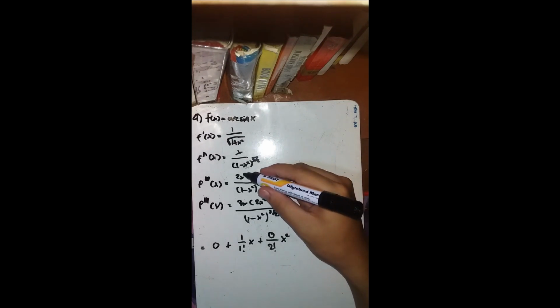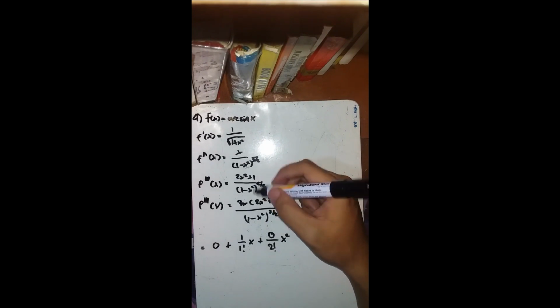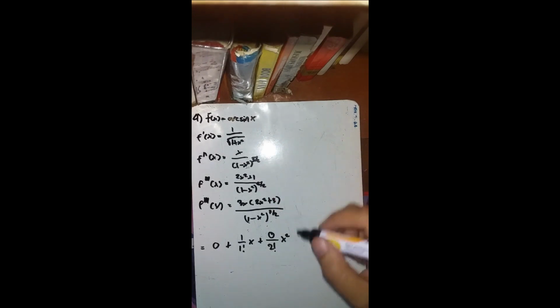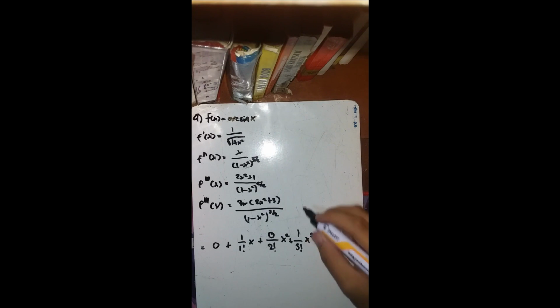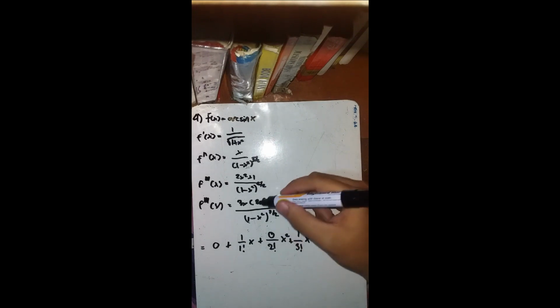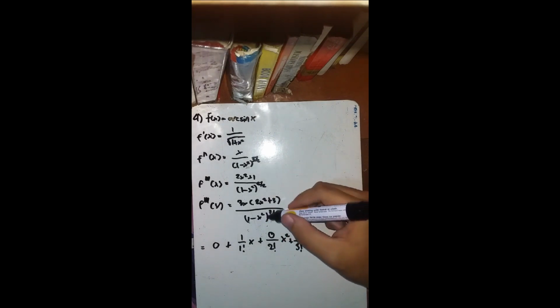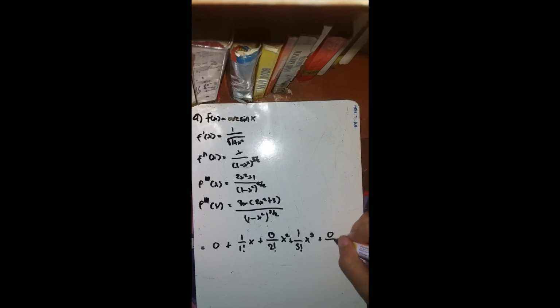Here when x is 0, what's left is just 1 over 3 factorial x to the 3. Lastly, your fourth, when your x is 0, the whole thing becomes 0.